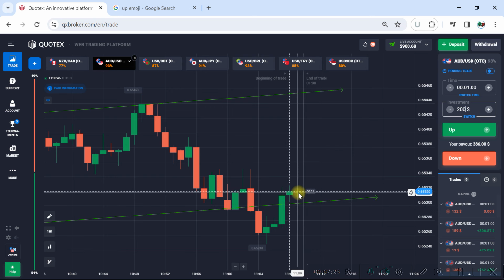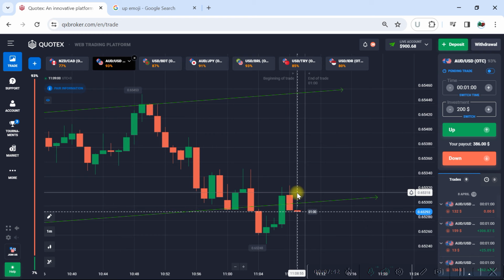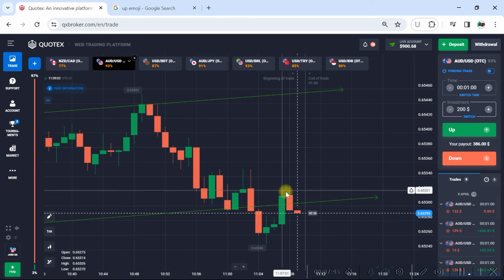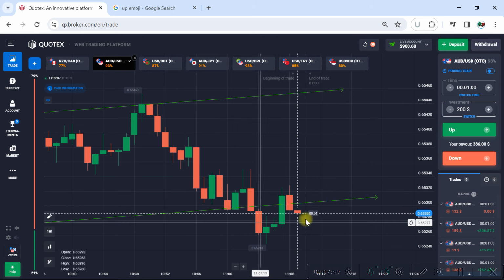So let's wait. Let's give it a few more seconds and see what happens to price. It turned out to be bearish anyway. So this could just be a correction in price, but the general trend could continue being downward.